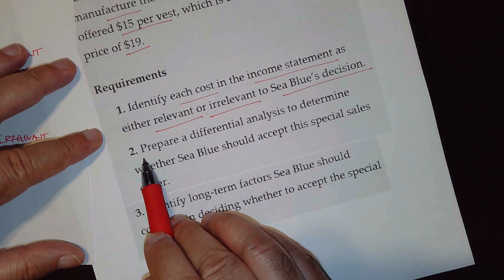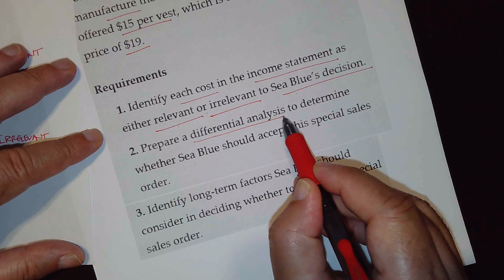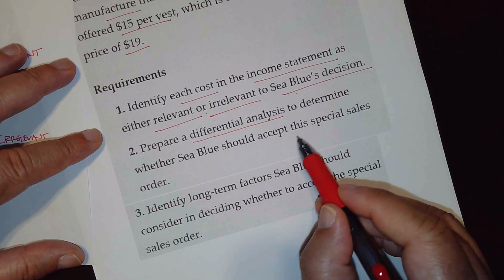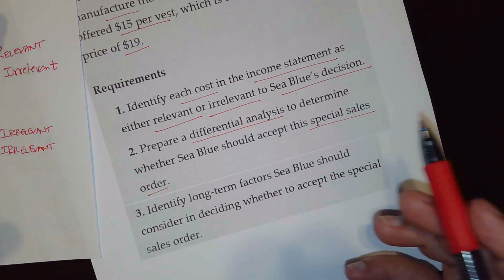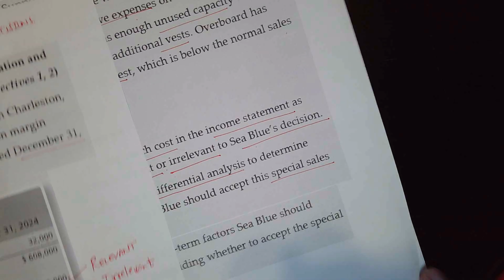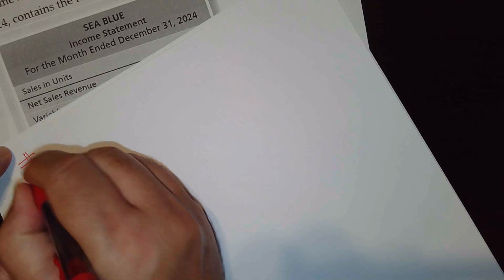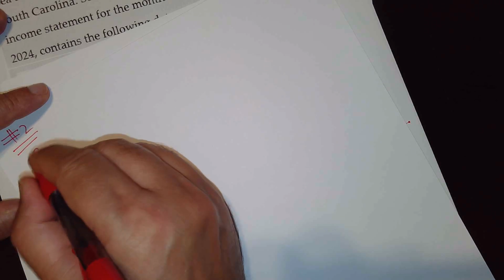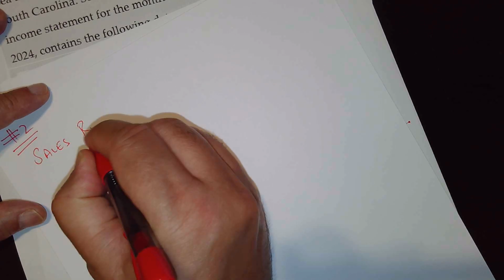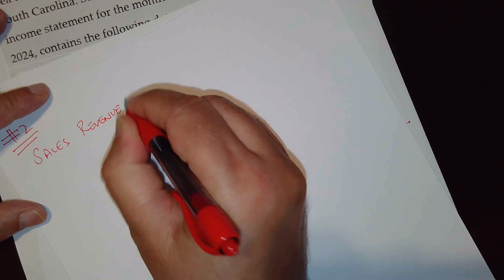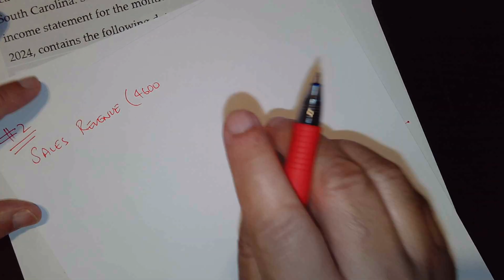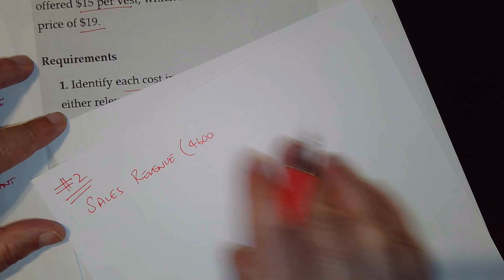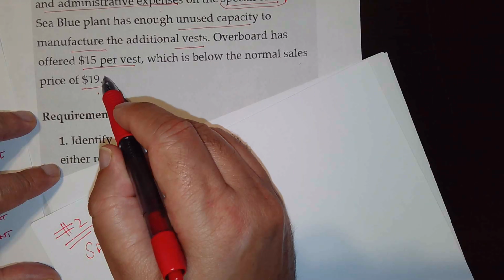The second question asks, prepare a differential analysis to determine whether Sea Blue should accept this special sales order. So we have to create a differential analysis, and we want to know whether we should accept this order or not. This is requirement number 2. We know that there will be a sales revenue increase for 4,600 units, but keep in mind they are not paying you $19, they are going to pay you only $15.